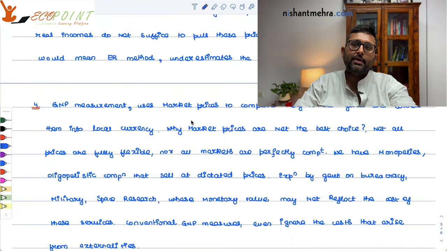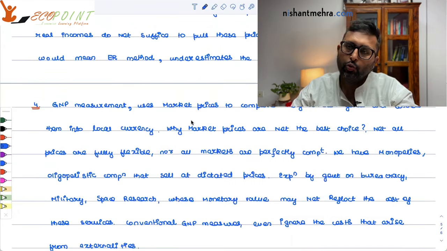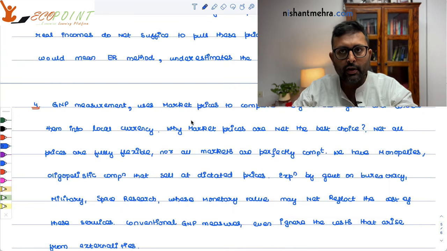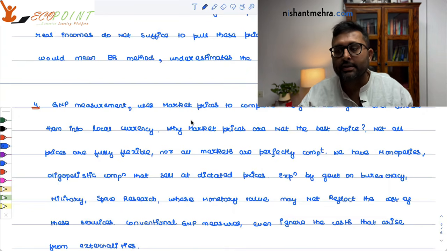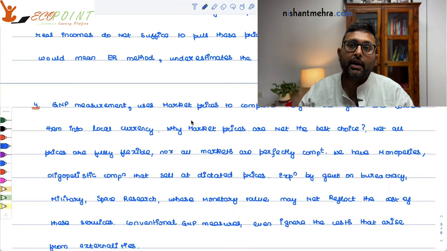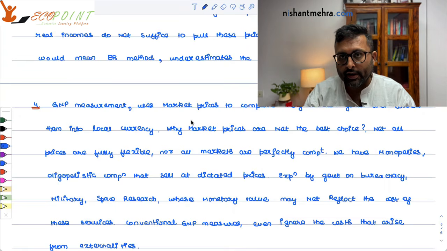Then GNP measurement also has some problems. Even if you forget about the exchange rate problems, when you compare the GNP of developing countries and developed countries, again you will see certain problems. One problem is that you are using market prices in order to find out GNP. Now, what is the problem with the market prices?